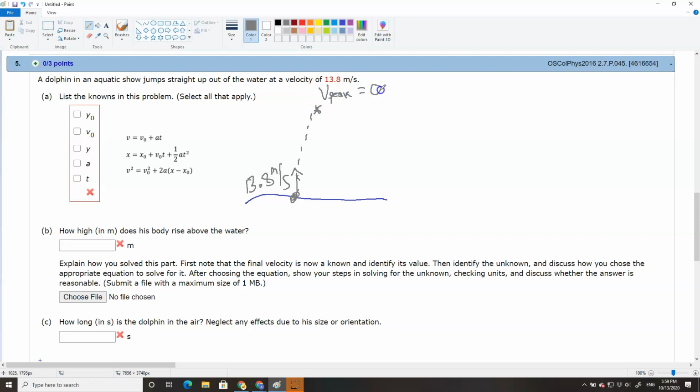As discussed in the previous class, the velocity of an object at its peak of the trajectory will be 0. And the other thing that we know is, once again, the acceleration will be negative 10. So we know y initial. Y initial is 0. The dolphin starts at the water. V initial is 13.8. And the acceleration is negative 10.